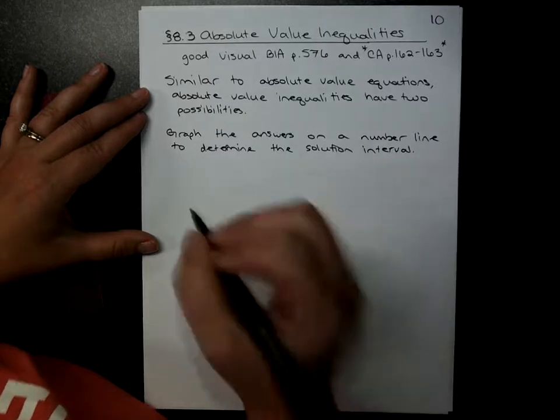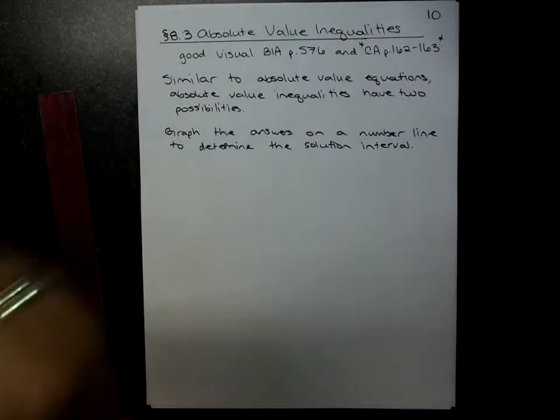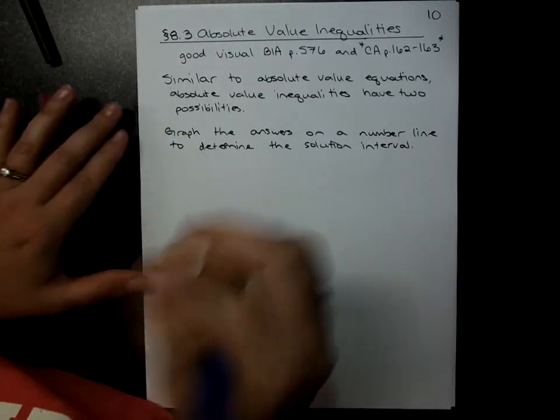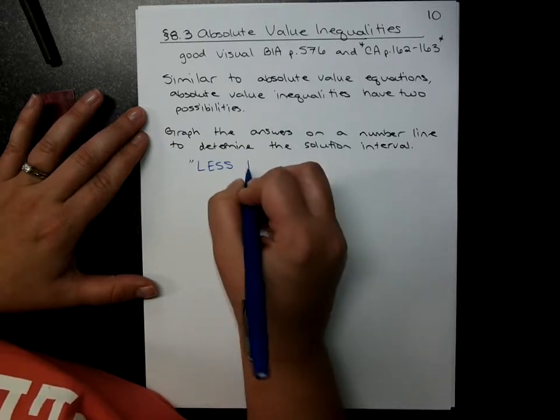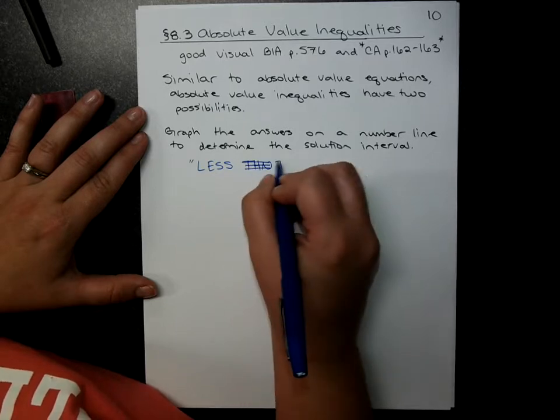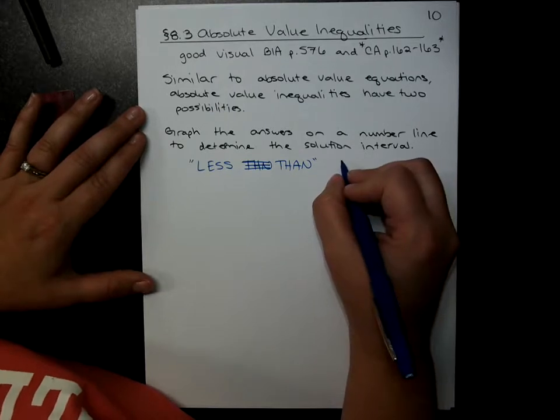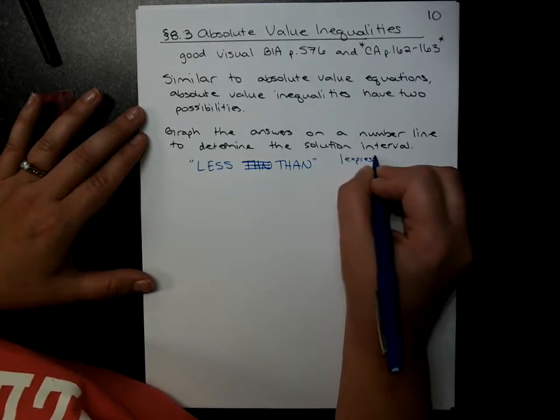Alright, so there's 2 types of absolute value inequalities. The first type is less than. So we're going to start by talking about less than absolute value inequalities, and then we will talk about greater than. Less than inequalities is when you have the absolute value of an expression.